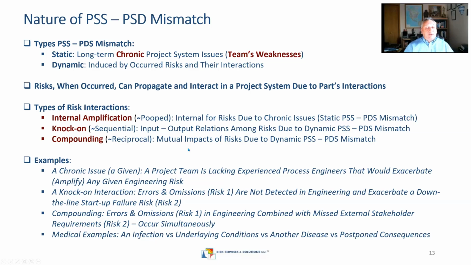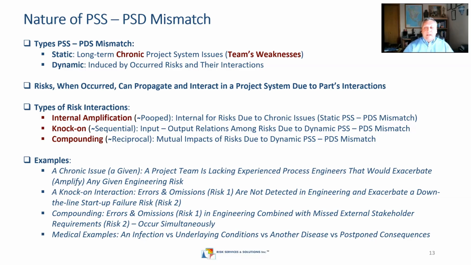Compounding is about errors and omissions in engineering when they happen simultaneously with missed external stakeholder requirements, which might be about environmental requirements. We can come up with medical examples. Some of us are not medical doctors, but it might be about COVID, underlying conditions, another disease, postponed consequences.